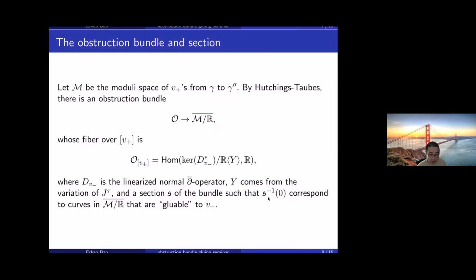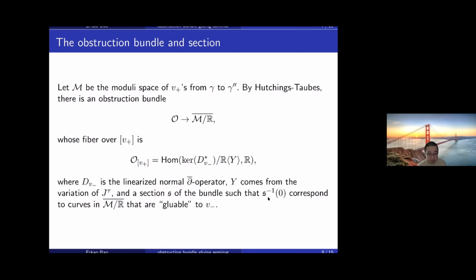And the fiber over V plus is the co-kernel, but I write it as the co-kernel of dV minus, the linearized normal d-bar operator, and it's isomorphic to the kernel of the adjoint operator.